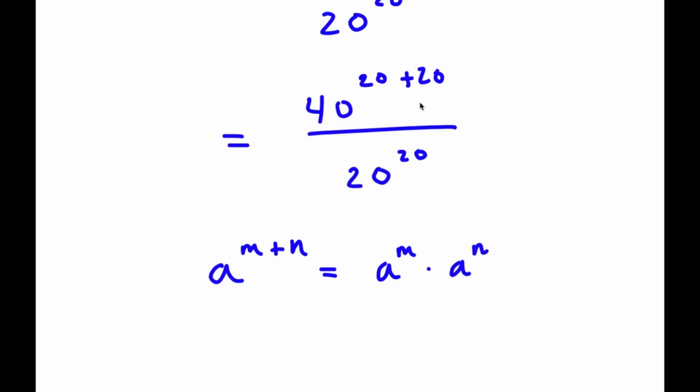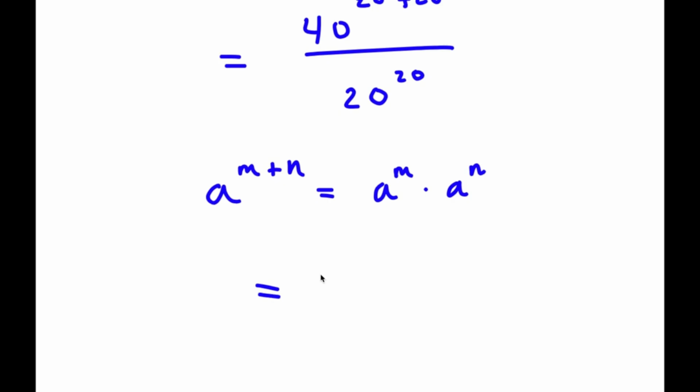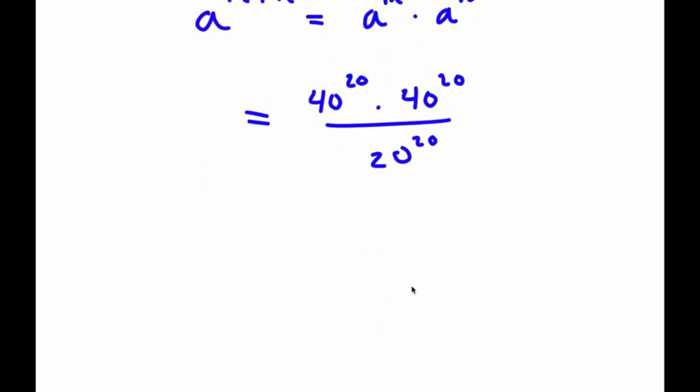So in this case, 40 to the power of 20 plus 20, I can write as 40 to the power of 20 times 40 to the power of 20. Now I have this over 20 to the power of 20. Now, I can rewrite this as 40 to the power of 20 times 40 to the power of 20 over 20 to the power of 20.